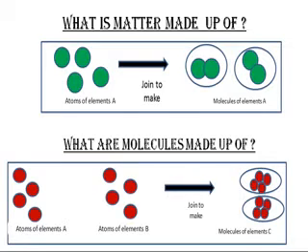A molecule of sugar is the tiniest particle that will behave like sugar. Now what is a molecule made up of? Molecules are made up of atoms. Atoms means something which cannot be broken further. So the molecule is made up of more tiniest parts, and that is known as atom.